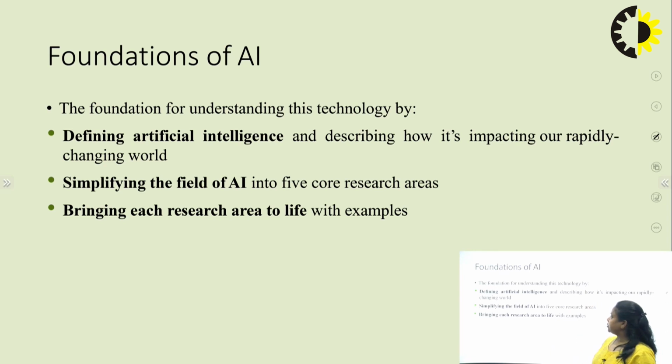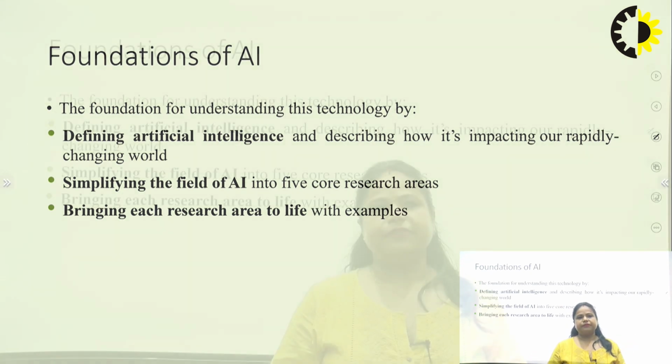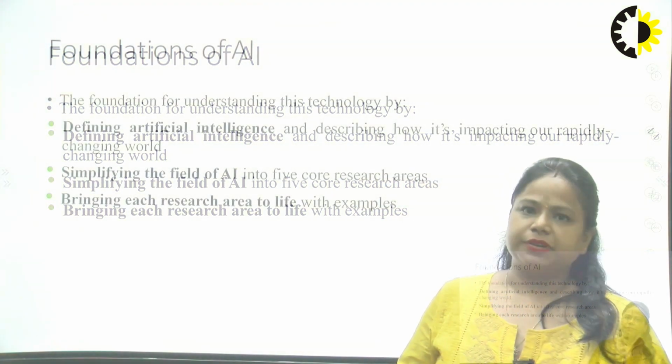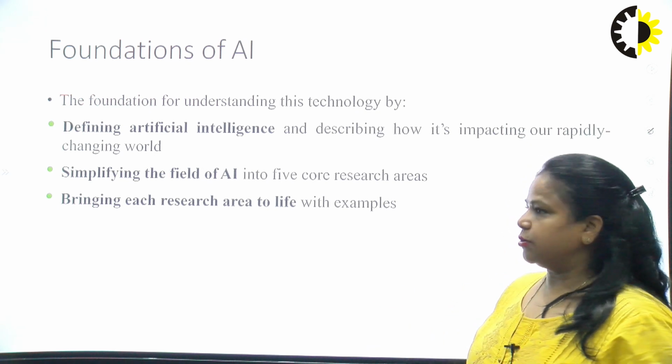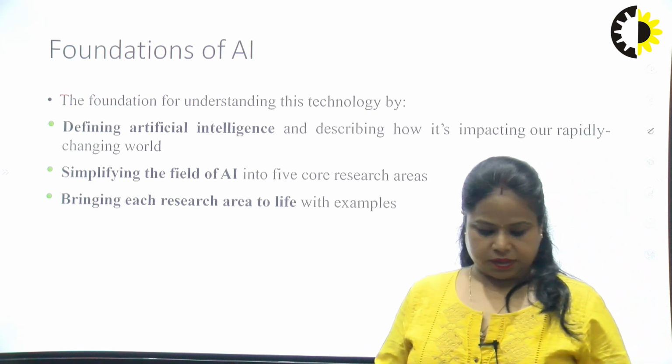The foundation for understanding this technology says that whenever we define artificial intelligence, we have to describe how its impact is rapidly changing the world, and how we are moving from our simple life towards an AI life, right? So we are simplifying the field of AI into 5 core research areas and bringing each research area to life with particular examples, right?